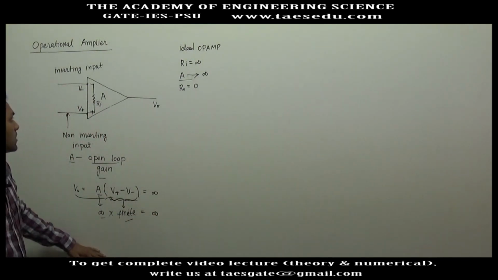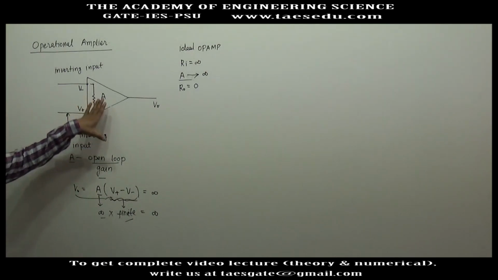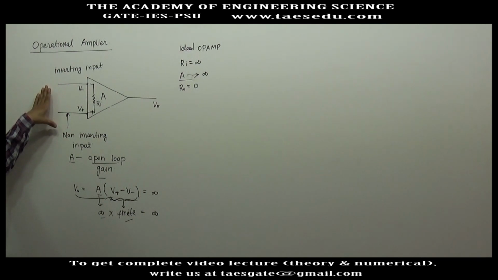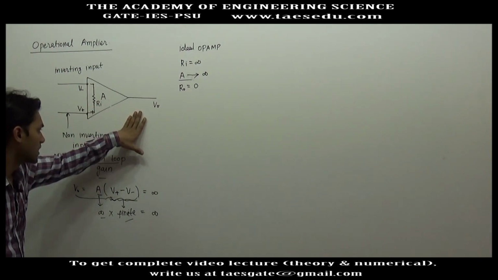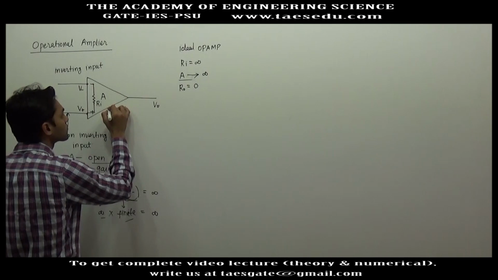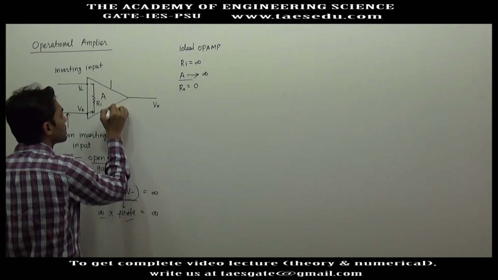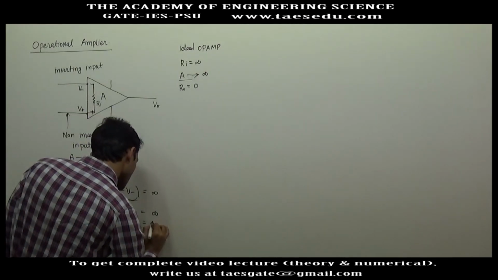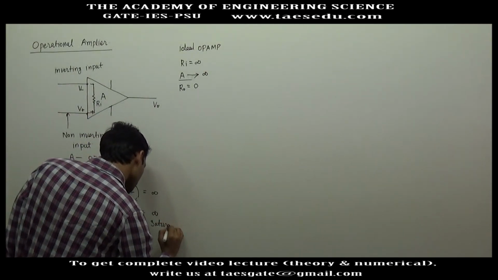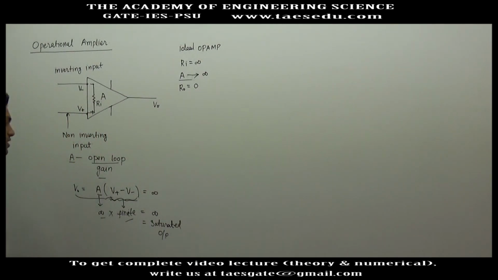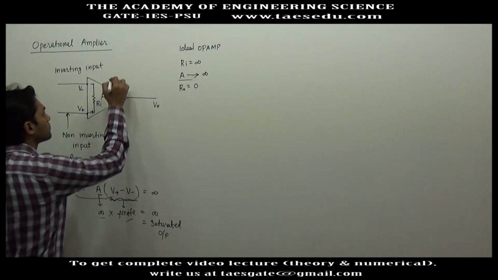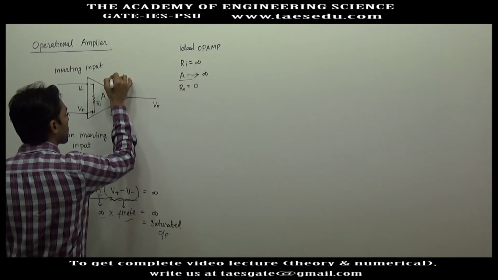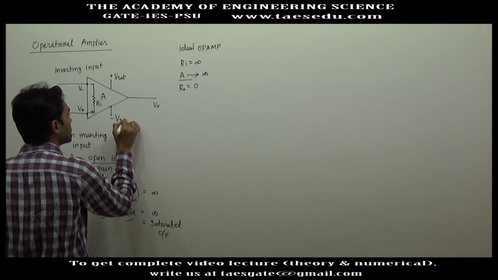So it seems that if this operational amplifier is operated as it is, it will always give an infinite voltage, but the supply voltage is not infinite, so in this case it will give a saturated output. There will be some saturation voltage. Let's say this is Vsat and minus Vsat.